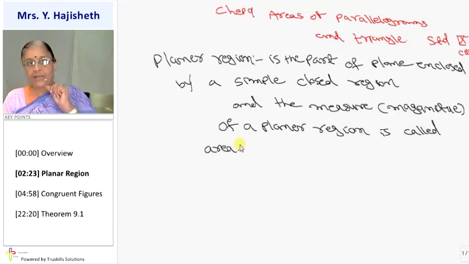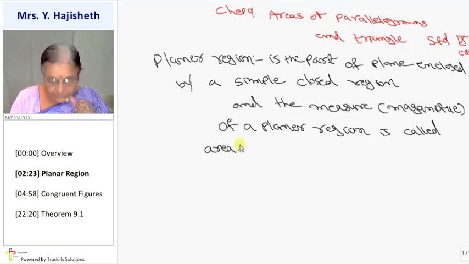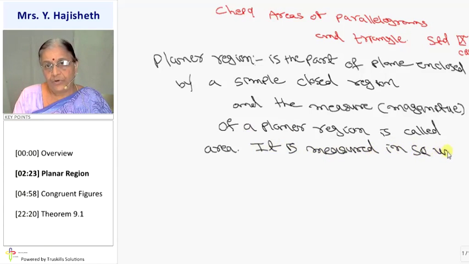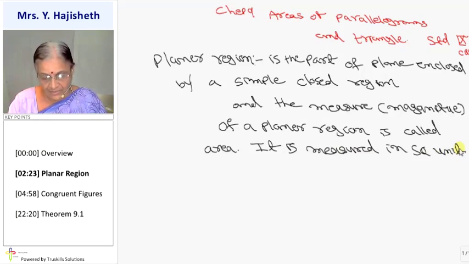A part of plane enclosed by a closed figure is called planar region, and the measure or magnitude of planar region of that closed figure we call an area, and it is measured in square units. If your measurements are given in centimeters, it is centimeter square. If your measurements are given in meters, it is square meter.